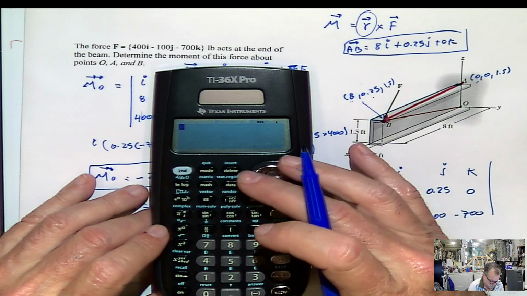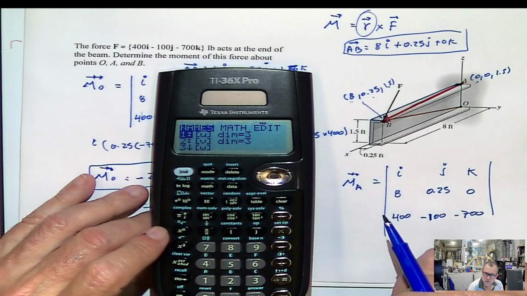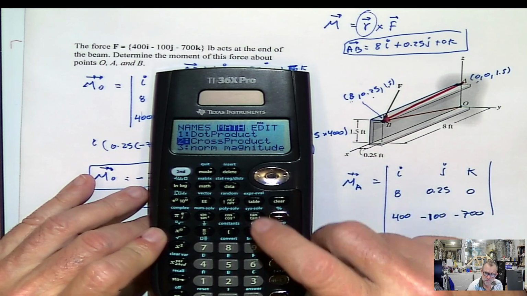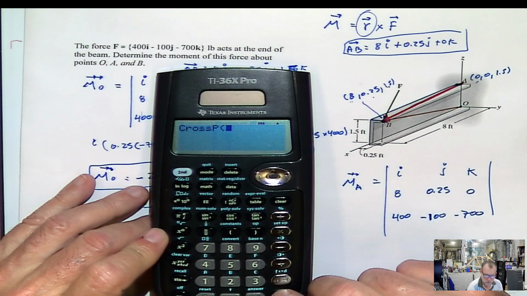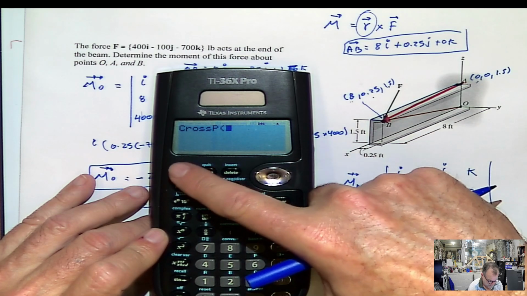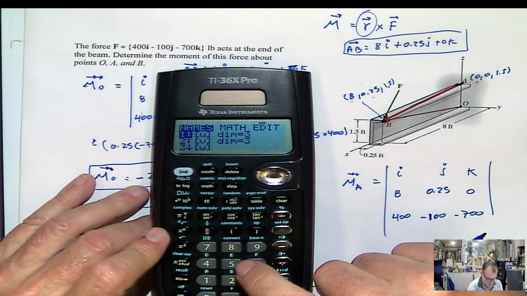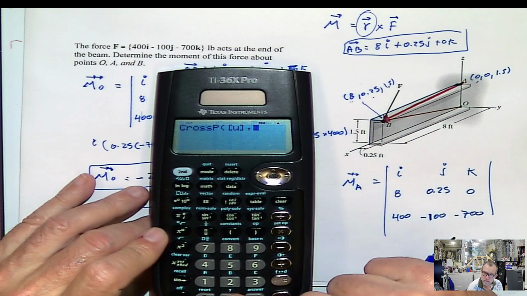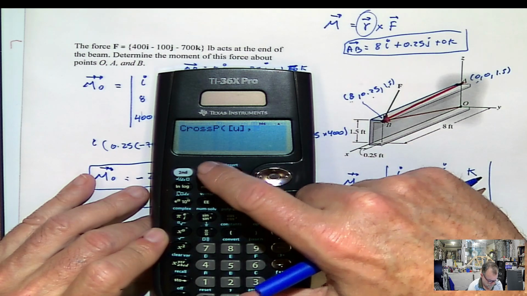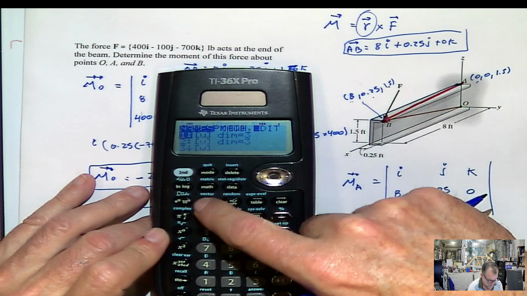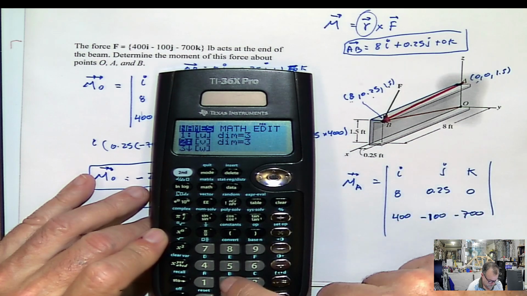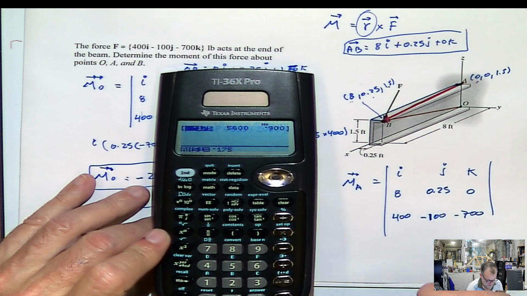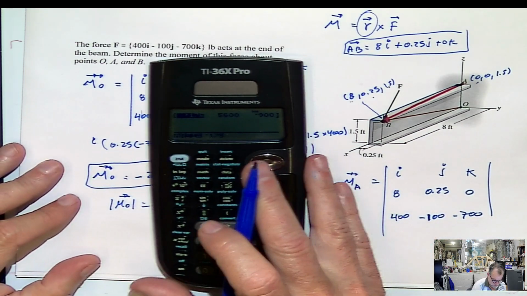So I'm going to go vector again, math, cross product, and then you say the cross product of vector u, which is 1, comma, vector v, which is 2, and hit enter, and that will be the result for that part.